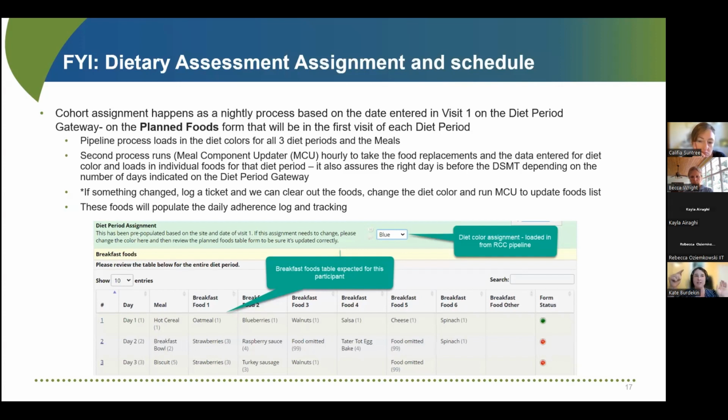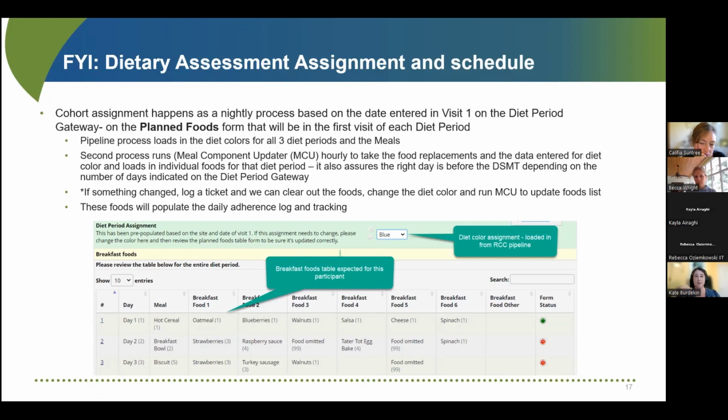And the color gets loaded in, as well as it takes into account the number of days that have been entered on the diet period gateway, because it's really important the order of the days leading up to the DSMT. So it factors all that in. It loads in the color and the meals.